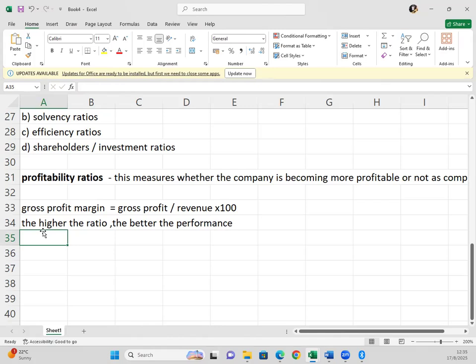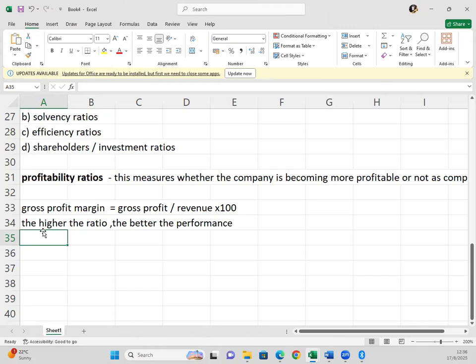What does having a higher gross profit margin mean? Whenever we sell, there's a profit. The gross profit margin says from every item, how much profit have you made before looking at expenses? If the gross profit margin is 10%, whenever you sell, you're making 10% gross profit. So if you have a higher percentage, you're making more profit from every item.